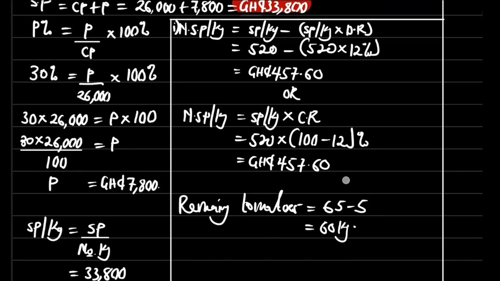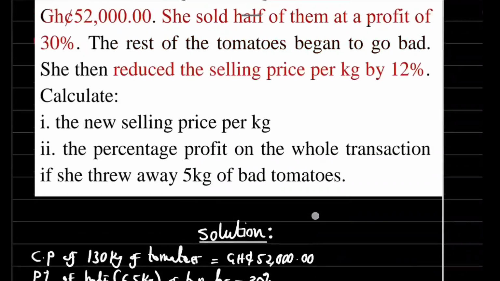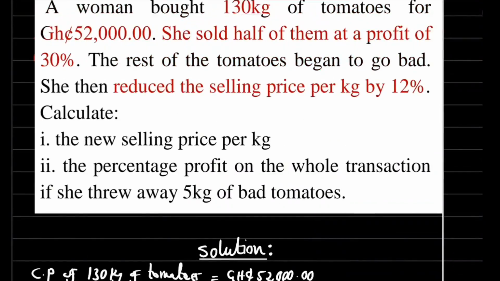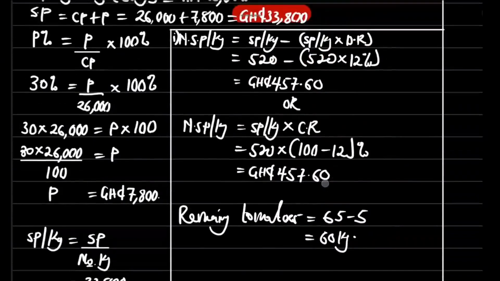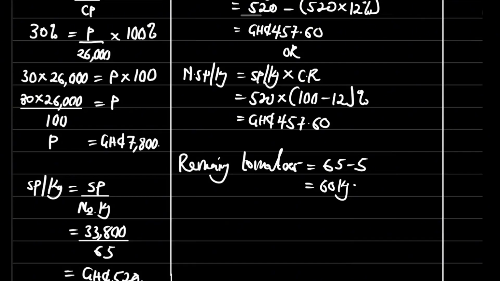Because we have been able to calculate the new selling price after some began to go bad, where the reduction of 12% was given, you just have to multiply the new price by the remaining kg of tomatoes. So let's say selling price subscript 1 is equal to the new selling price per kg multiplied by the remaining tomatoes.